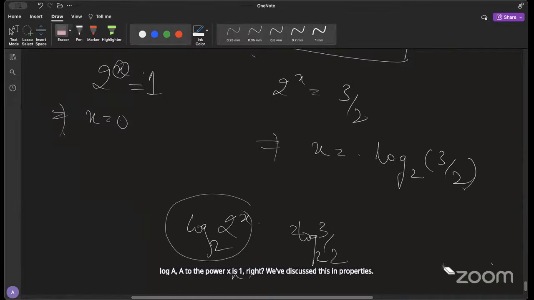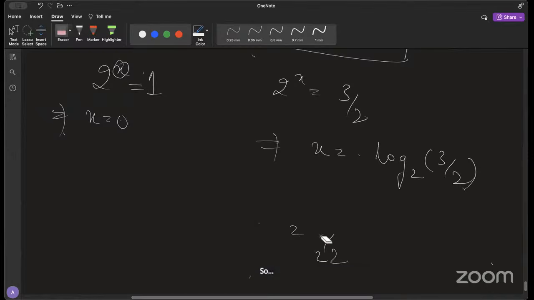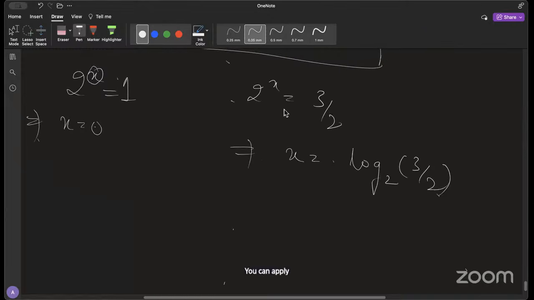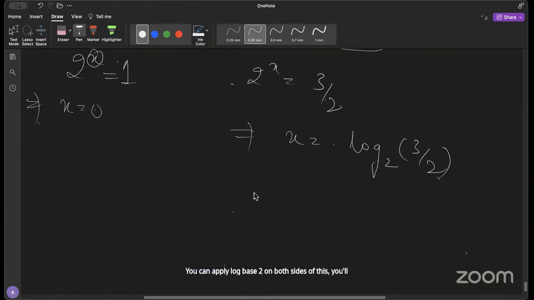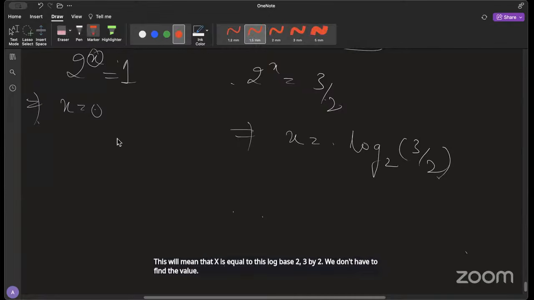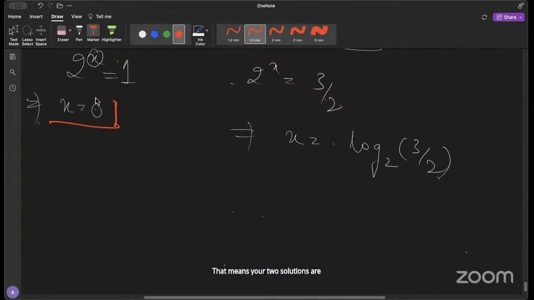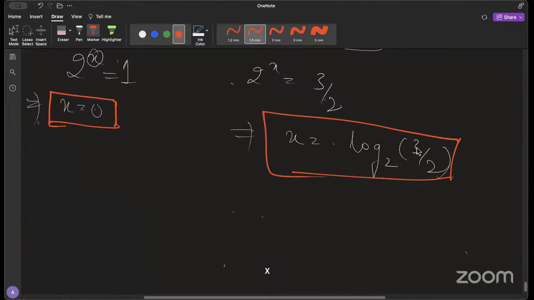So you can apply log base 2 on both sides of this, you'll get this thing. This will mean that x is equals to log base 2 3 by 2. You don't have to find the value. That means your two solutions are x is equals to 0. This is one solution. And the other solution is x is equals to log base 2 3 by 2.